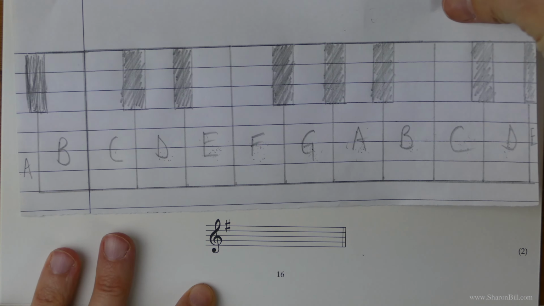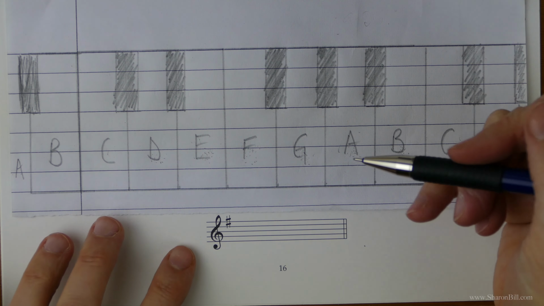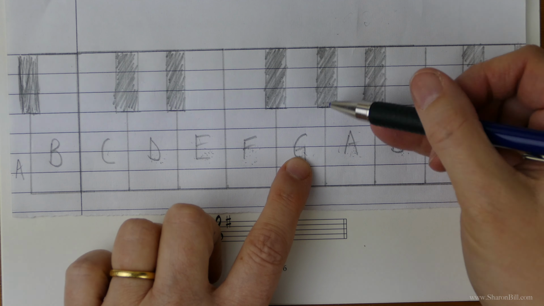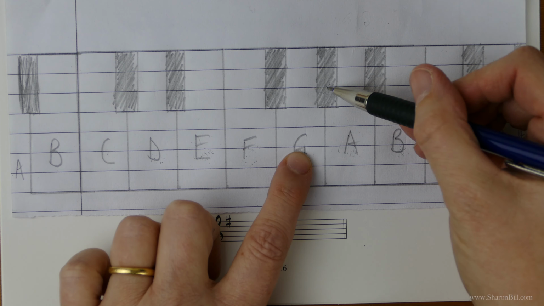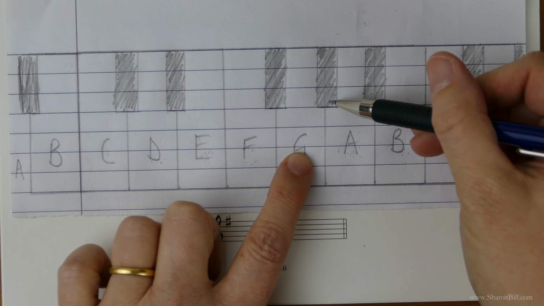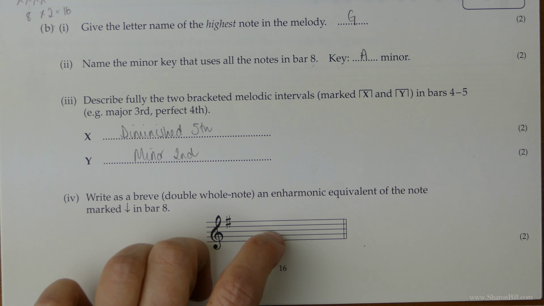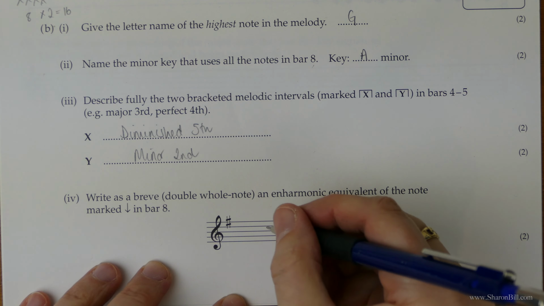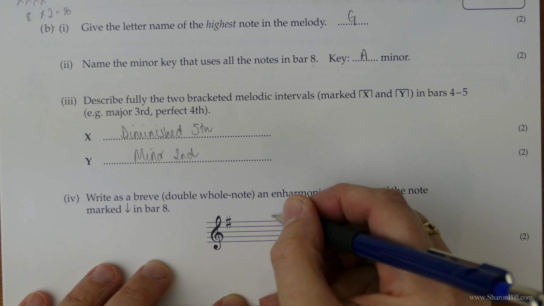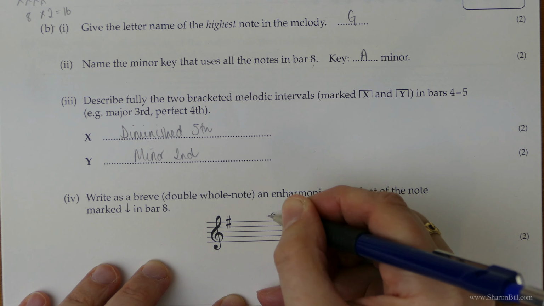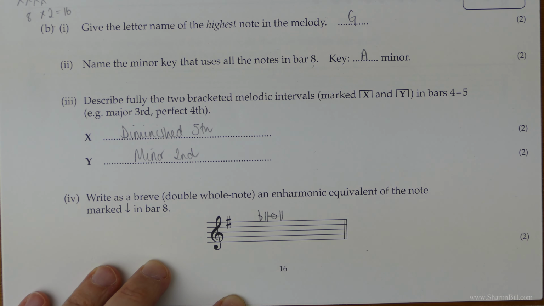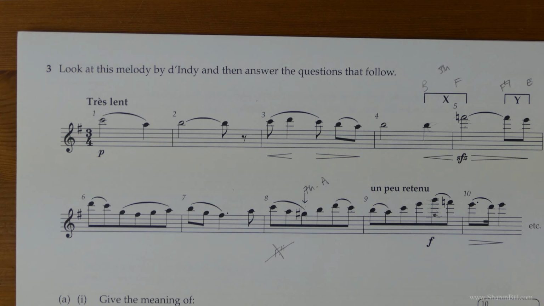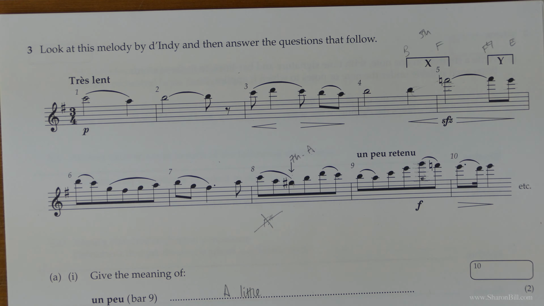And if we refer to the piano keyboard, we can see that G sharp could also be called A flat. So G sharp and A flat are the enharmonic alternatives. So we need to write an A flat, but we're writing it as a breve or a double whole note. There we go. So let's move on to the next section of this.